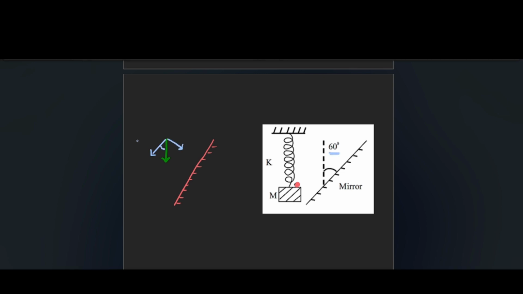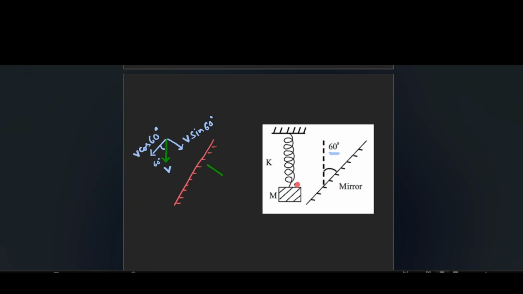This angle becomes 60 degrees. This is the velocity of the insect. If you resolve into components, along the mirror it is V cos 60 degrees, and perpendicular to that V sin 60 degrees. Let us draw its image. This velocity is V sin 60, and the parallel component is V cos 60.